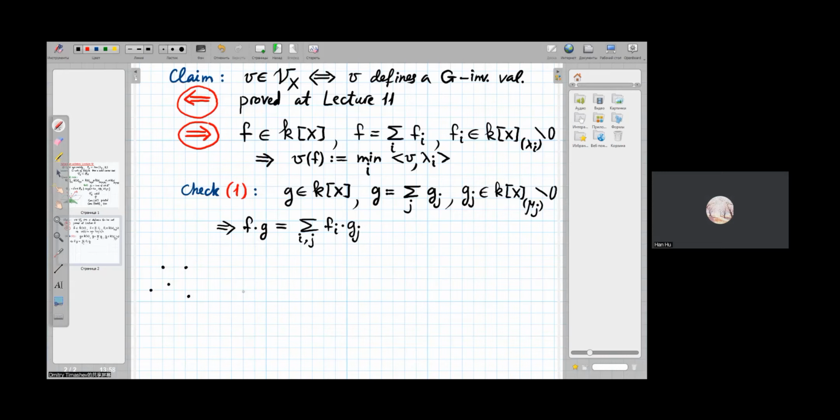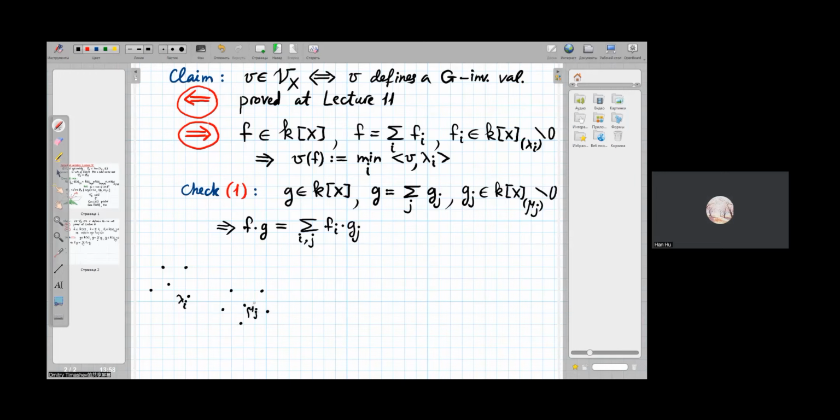Also, we have a set of vectors mu_j's, yet another finite set of vectors in the weight lattice. This is the set of mu_j's.